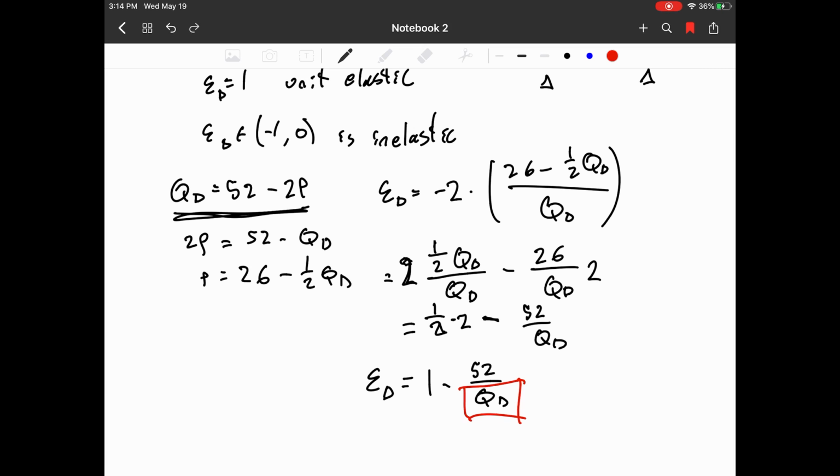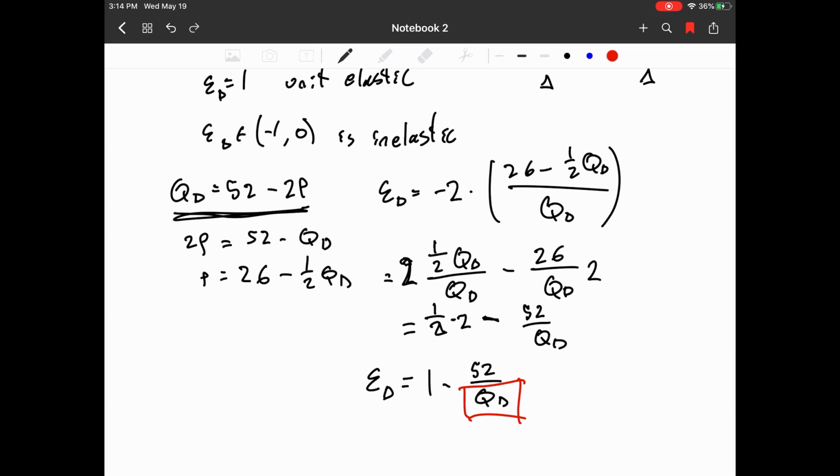We had to go through and calculate elasticities at any given point. Whereas here, our elasticity captures any possible point on the demand curve. So we can learn some things about our demand curve just looking at the elasticity of demand.